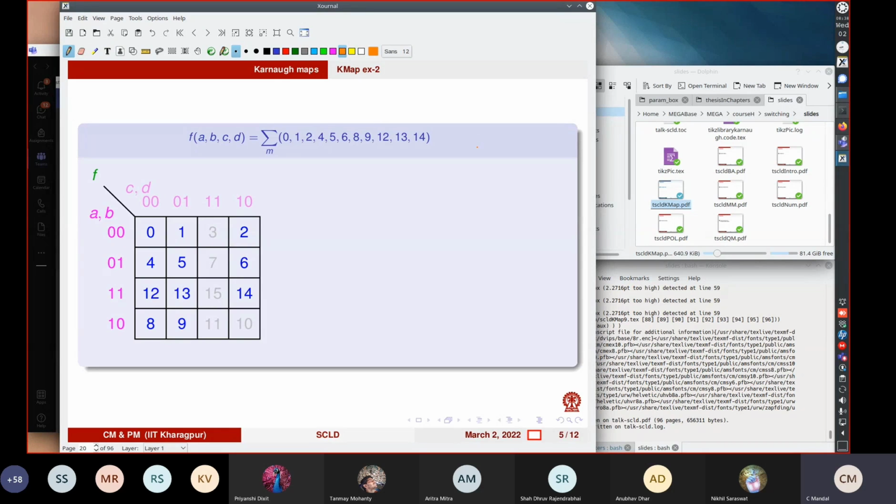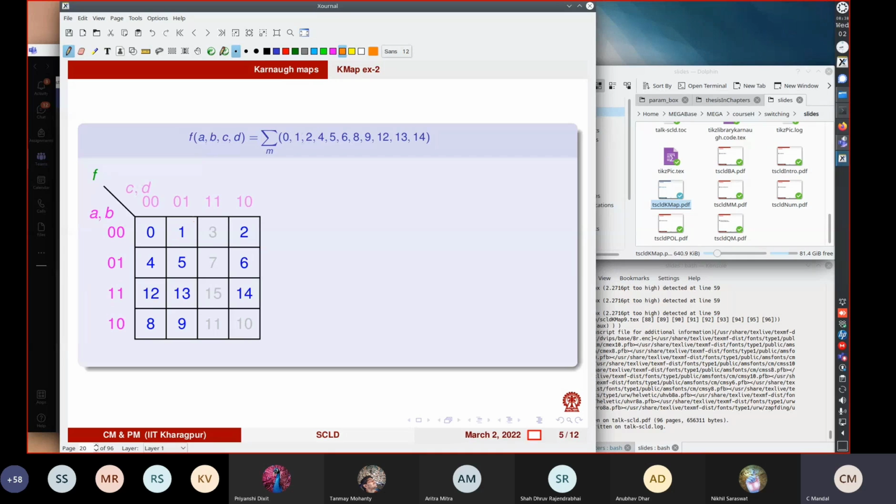Okay, so let us just see the solution. You might have done it yourselves. This is very evident, right?